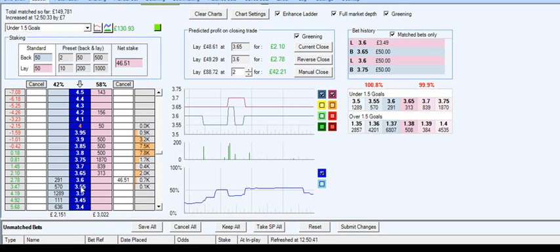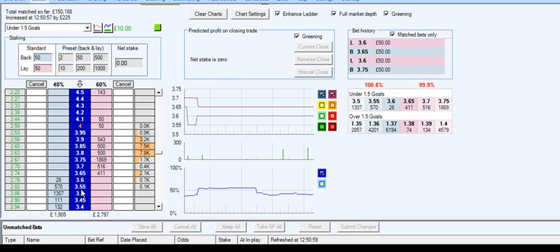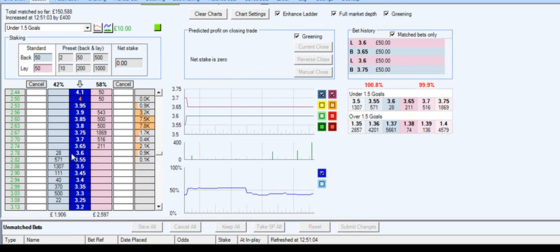But with years of experience, confidence, you get to know when to get in and out. You look for the gaps, and the higher you are in the queue, the quicker and more likely you're going to get matched. So now we've got a little £10 there that we've taken. Now we're just going to wait a little bit.